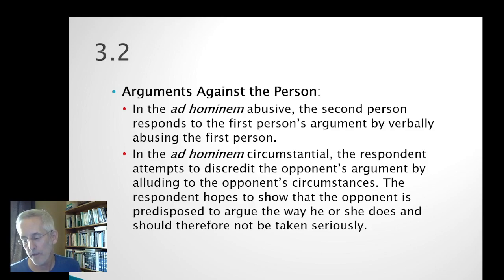What's going on there is they're not attacking Bill Gates' claim that technology is important for education. What they're doing is attacking the fact that Bill Gates owns a company that produces technology that could be used for educational purposes. Just because of the circumstances of Bill Gates owning that company, he's being attacked. Now maybe he does have ulterior motives. It's possible that he wants to make money. But it's also possible that his argument that technology is important for the improvement of education is a compelling argument also.